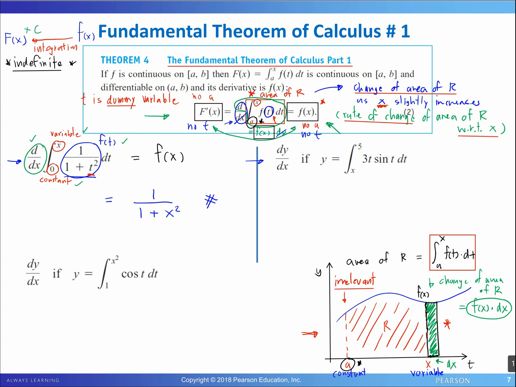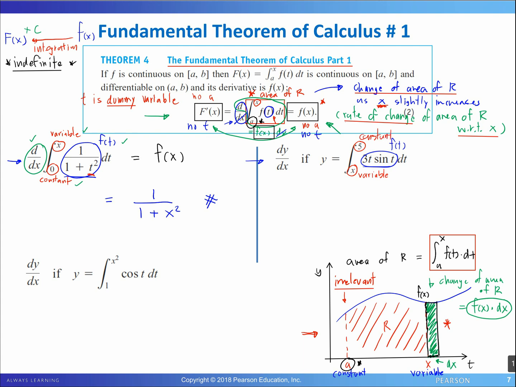Here we have an integral of these terms, 3t times sine t, which we know is a function of t, f of t. And this integral starts at x, which is a variable. Make a note right here, this one is variable. And this integral ends at 5, which is a constant.